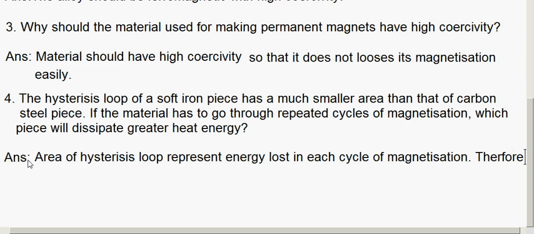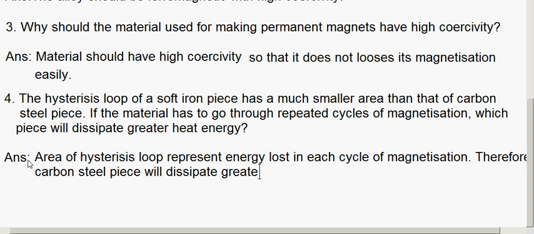Therefore carbon steel piece will dissipate greater heat energy because it has larger area.